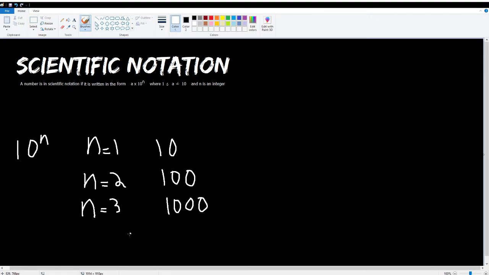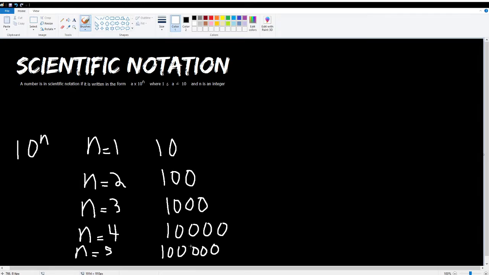Whatever the number n is, that tells me how many zeros I'm going to have next to 1. If n is equal to 4, I get 4 zeros. If n is equal to 5, I get 5 zeros. Now if n is equal to 0, that's just 1. Anything to the 0 power is just 1.